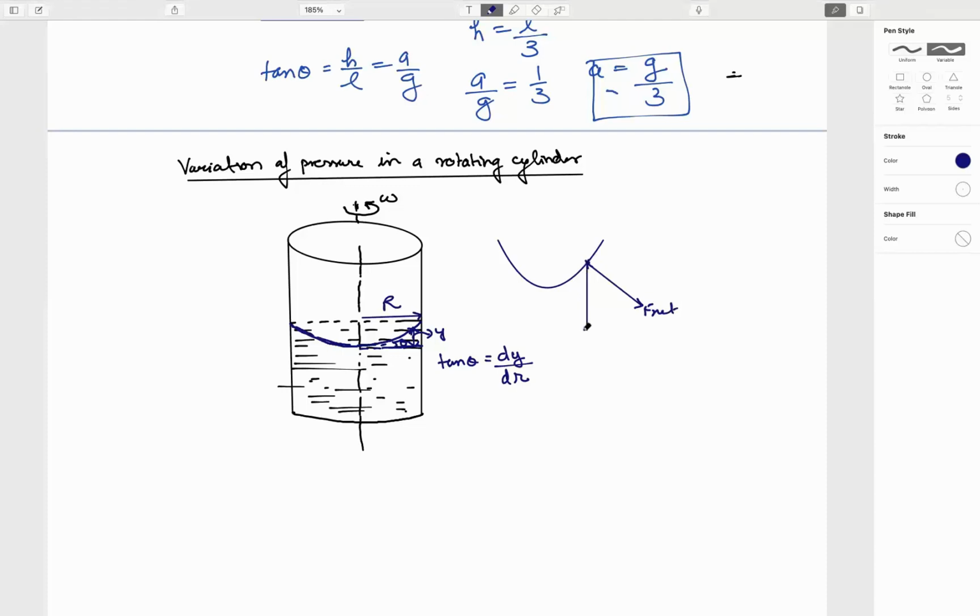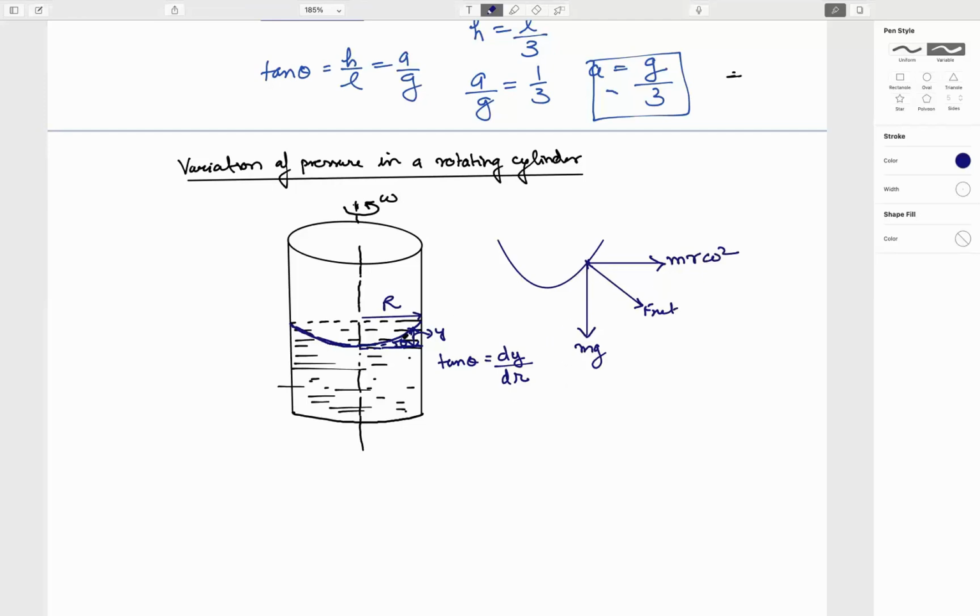Here it is the weight of the fluid, that is mg, and here it is the force due to the angular acceleration, that is m r omega square.